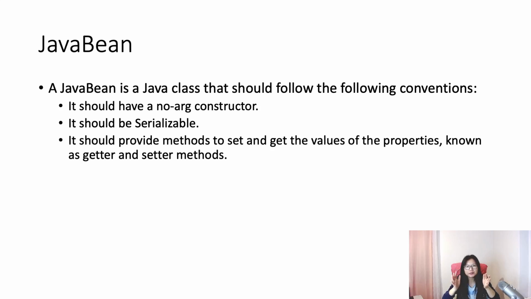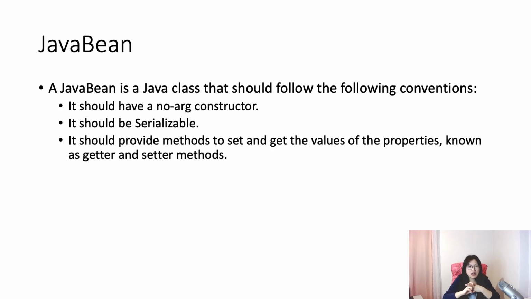In the person, you have to have a no-argument constructor. By default, it has one, but if you have your customized constructor, the default one doesn't exist anymore. In that case, you have to explicitly define this no-argument constructor. Otherwise it's not a JavaBean.